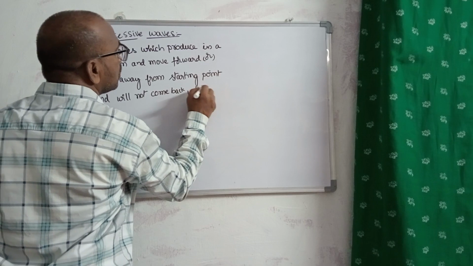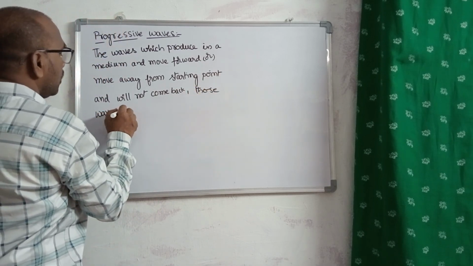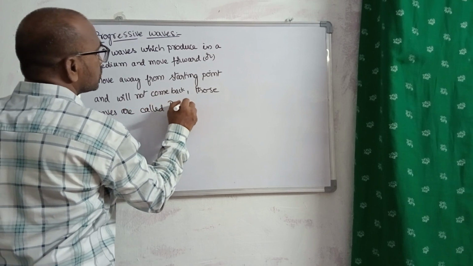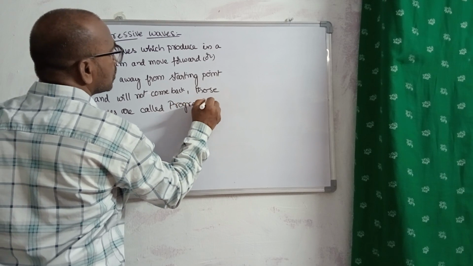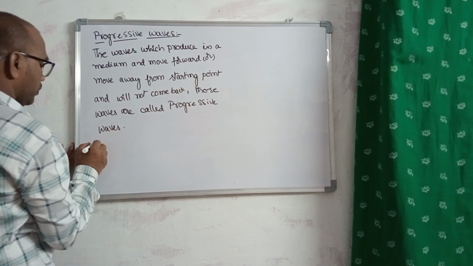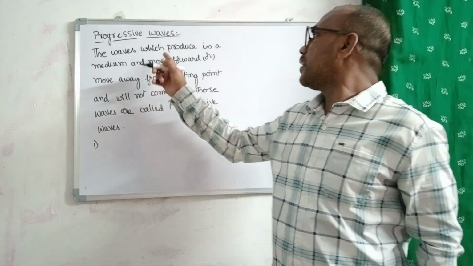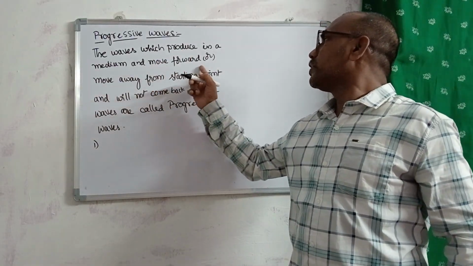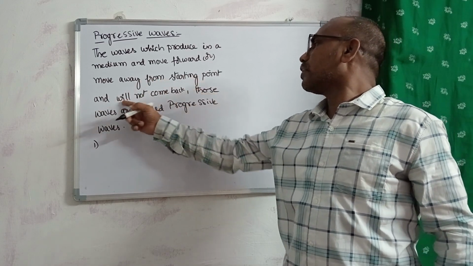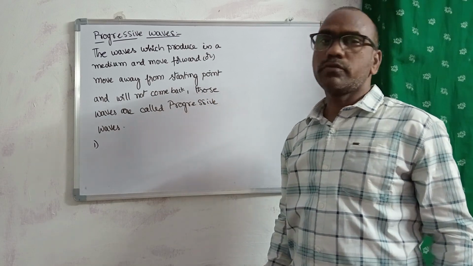Those waves are called progressive waves. So the waves which are produced in a medium and move in the forward direction and move away from the starting point and will not come back, those waves are called progressive waves.